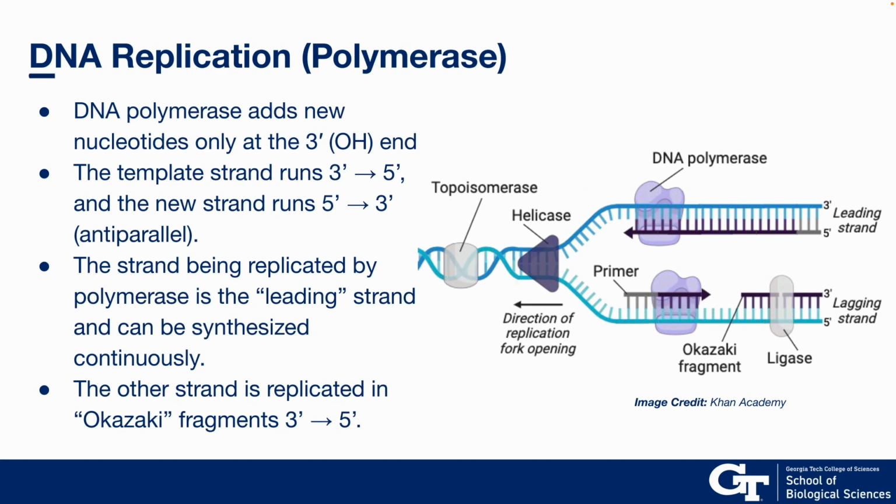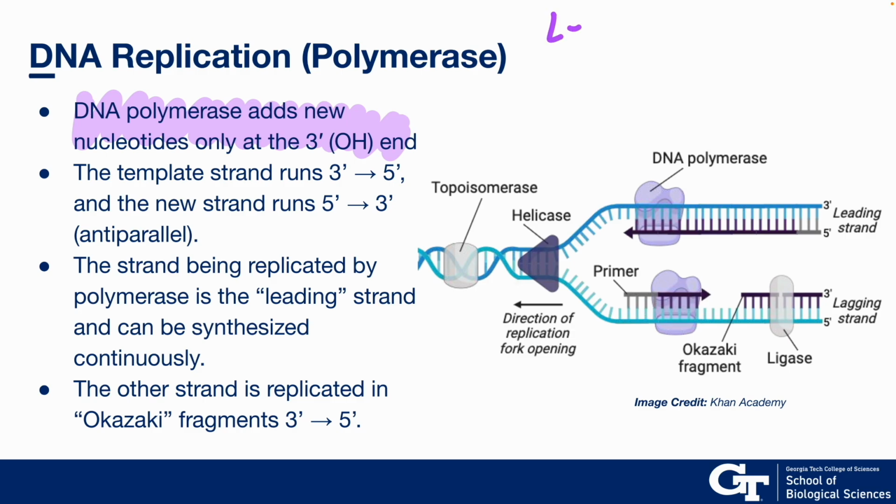Okay, so now let's talk a little bit more about the function of polymerase. Because this is important, polymerase is a protein, which means that its function is dependent on structures in the environment. And I really need you to understand this first bullet point right here, which is that DNA polymerase only adds new nucleotides to the 3' end. Okay? So we have one strand, the template strand, that runs 3' to 5', and that's called the leading strand.